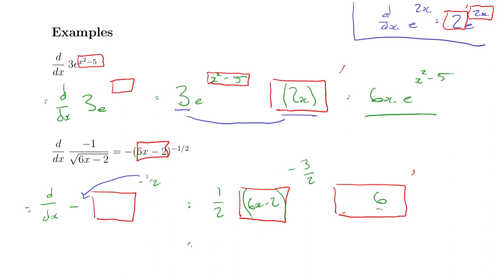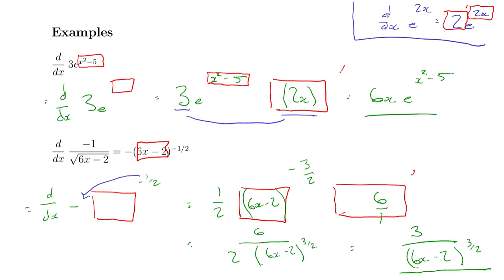I've got a 6. That's really 6 over 1, though, so 6 is in the numerator. So I've got 6 over 2 times 6x minus 2 to the 3 halves. Or we could really just say that's 3 over 6x minus 2 to the 3 halves. And that's our derivative here.